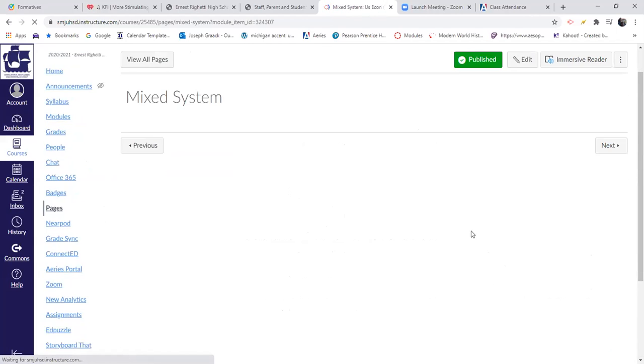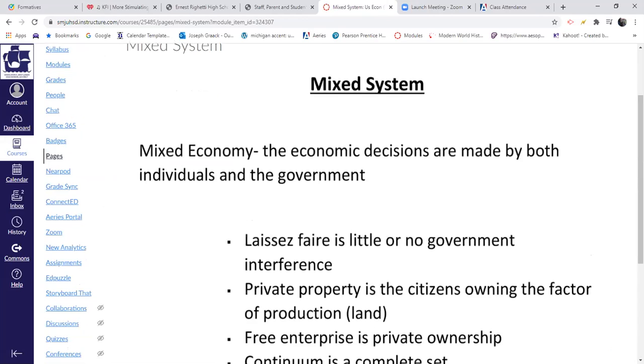So as we move from left to right, we had over here our command or centrally planned system. Now we're going to look at a mixed system.